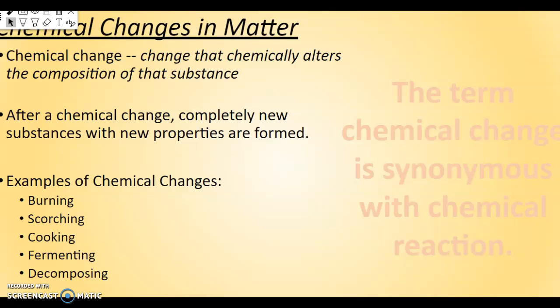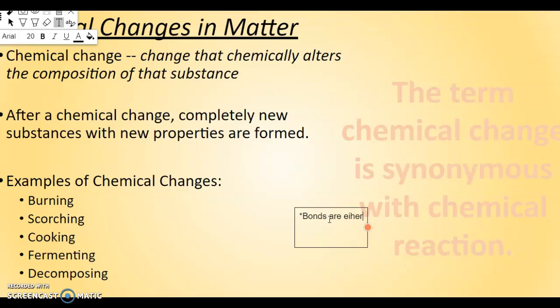Alright, so a chemical change. A chemical change is going to alter the composition. So we will be changing the actual formula of the molecules. Another way that you can think of it, a chemical change will involve making and breaking chemical bonds. So let's add that as well.